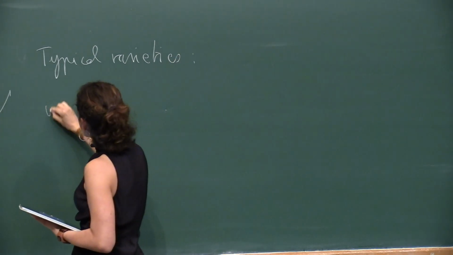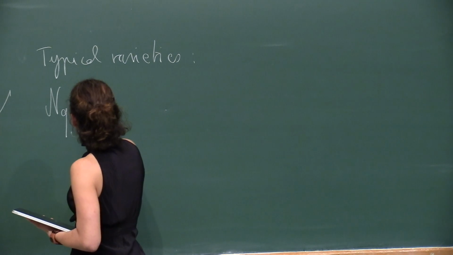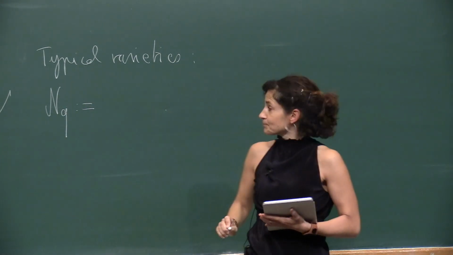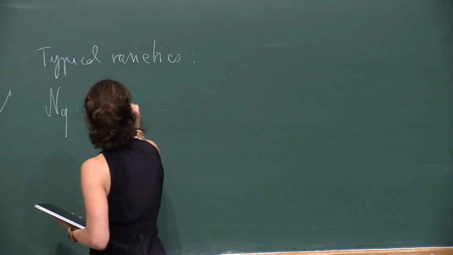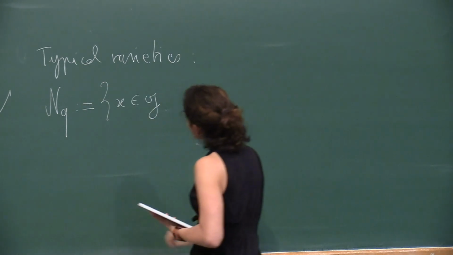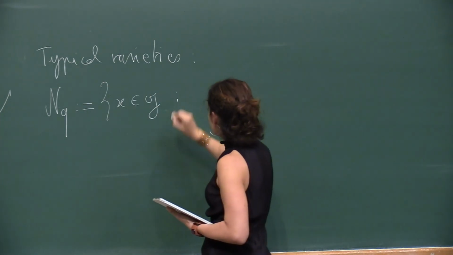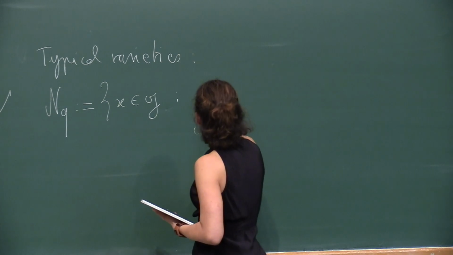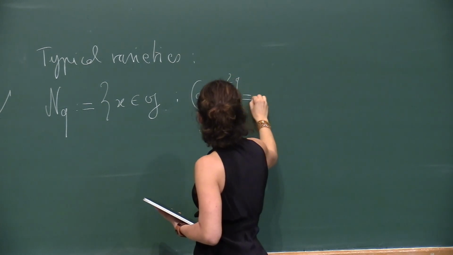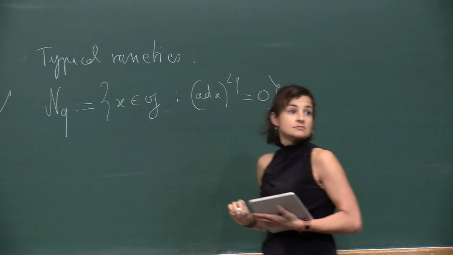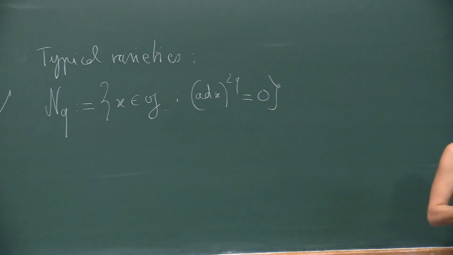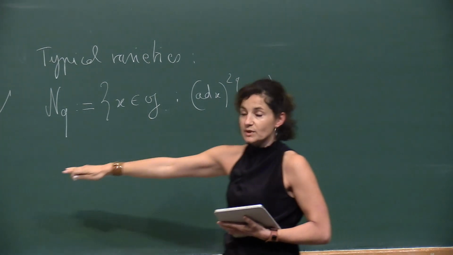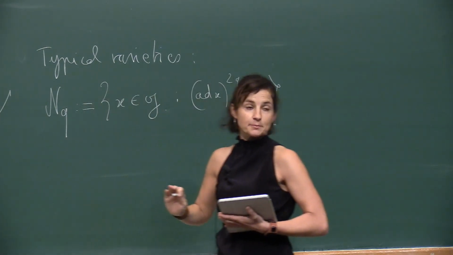So let's denote by N_q, for q any integer, the following variety consisting of the elements x of g such that (ad x)^{2q} is equal to 0. All right? So this has a priori nothing to do with vertex algebras, but this is what will appear in this context, for example.